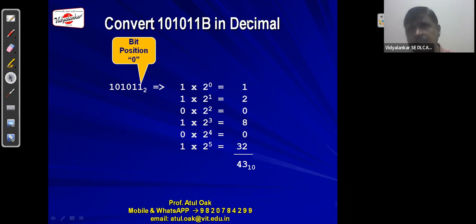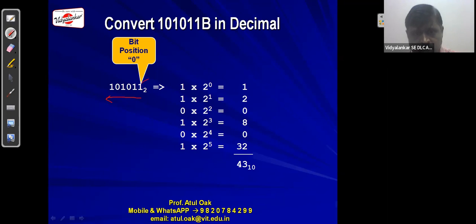Now you can see in this binary data, I have identified my LSB. Bit position 0 is my LSB. I start from LSB and go to MSB. I will go from LSB to MSB this way.